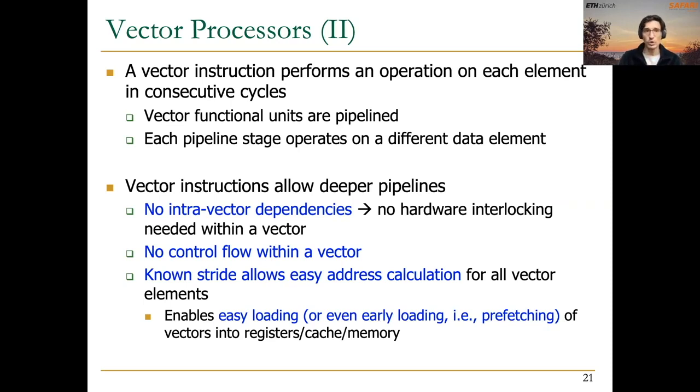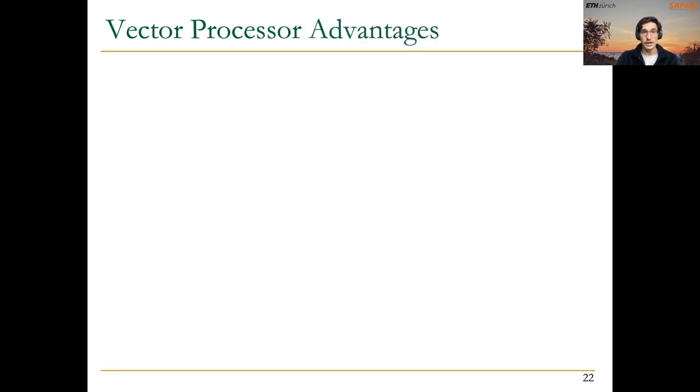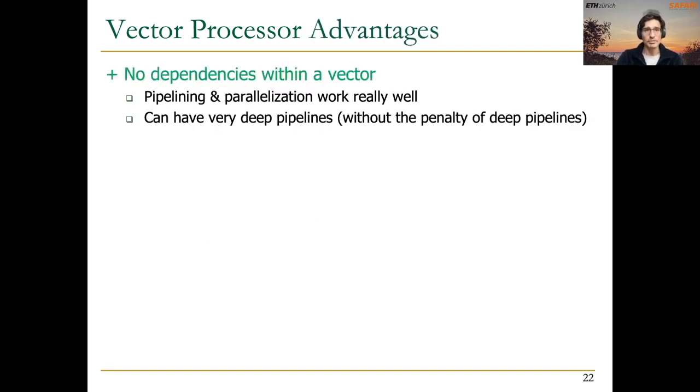The fact that we know the stride in advance, because we have this stride register that we just presented before, makes it very easy to calculate the address, right? We just need a base address and then to know the stride. And now we automatically know all the addresses for all the elements that need to be accessed from memory. So there are certain advantages from vector processing.